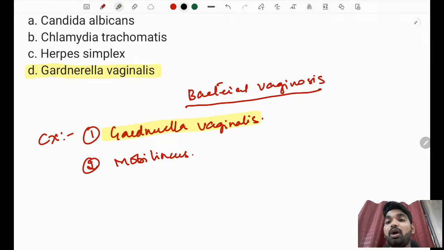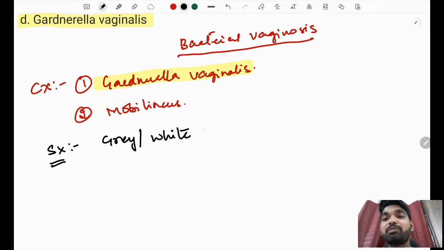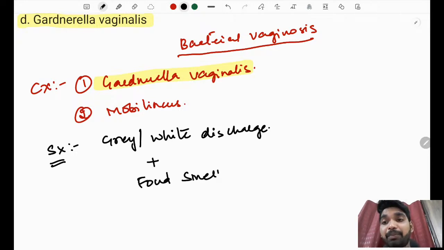Okay, all right. Now, how does a woman come to you? Once she is infected with this bacteria, with what complaint will she come? See, the symptoms will be: she'll come to you and say she's having grey or whitish discharge from the vagina, and that discharge will be foul smelling.